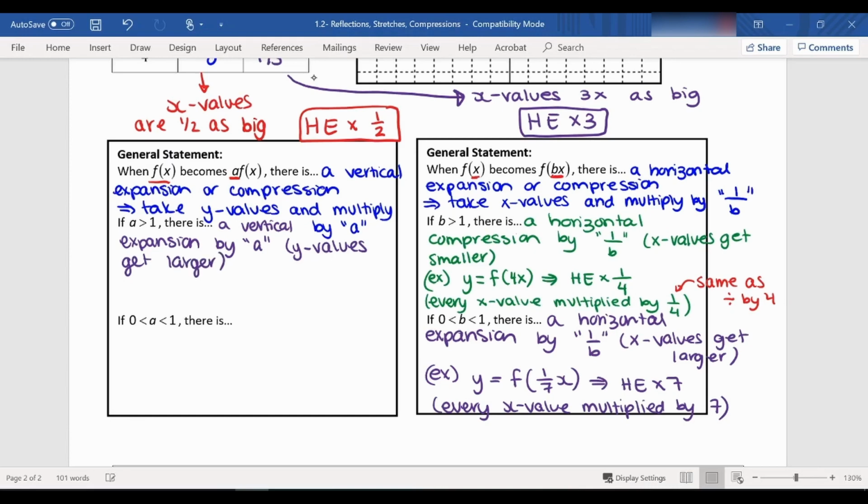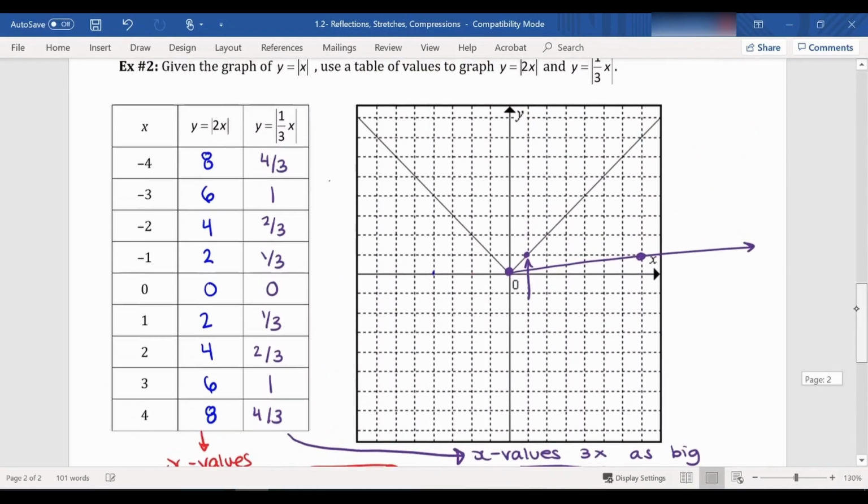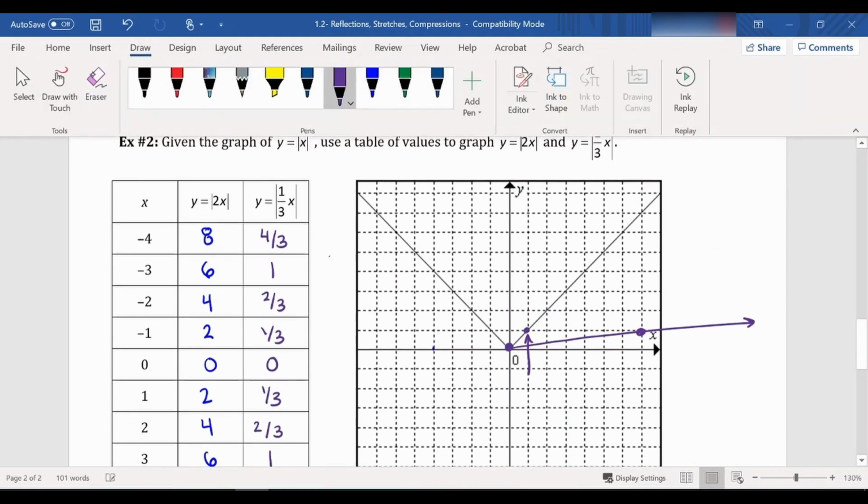So for example, if you have y equals 5 f of x, this is a vertical expansion by 5. So we would use VE instead of HE. And this just means every y value is going to multiply by 5. So again, if I go back to my absolute value graph up here and I take a look at what would happen. Okay. If I look at the origin, y is 0, times by 5, still 0.